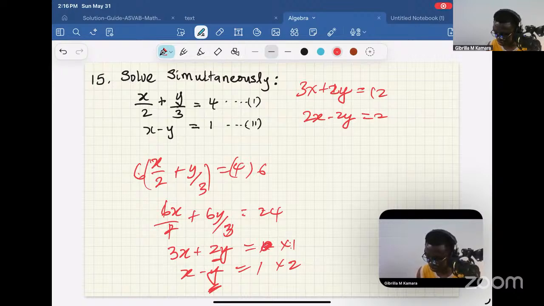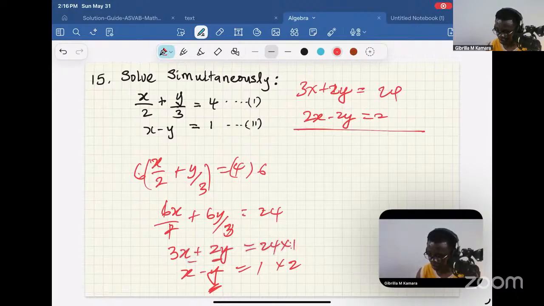So we have 3x plus 2y equals 24, and x minus y equals 1. Then multiply 2 throughout, this becomes 2x minus 2y equals 2. Then they are multiplied throughout by 1. This is 24. So here, this and this cancel. Remember, this is 2. So it becomes 5x equals 26. Divided by 5, this and this goes. So my x is equal to 26 divided by 5.